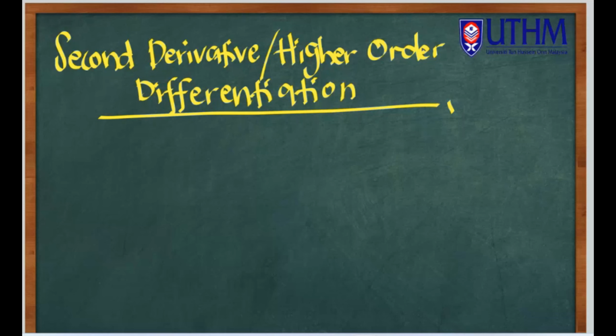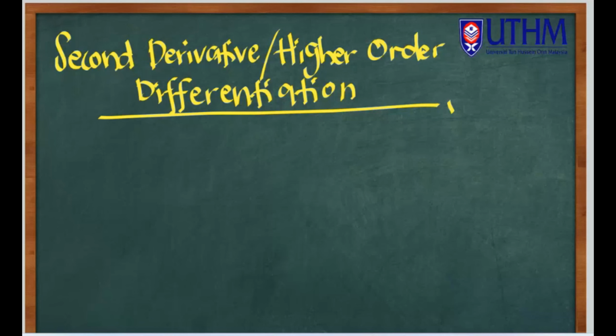In this video, we will learn about the second derivative or higher order differentiation. In the previous video, we discussed how to find the first order differentiation, which we can call the first derivative.